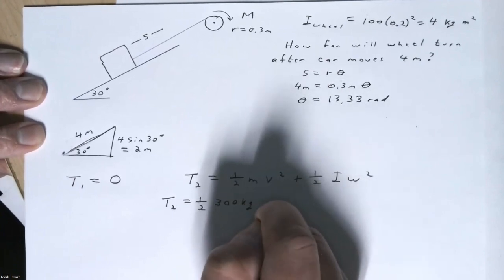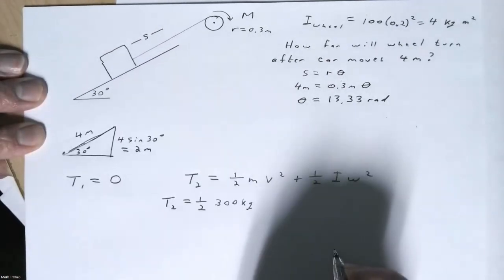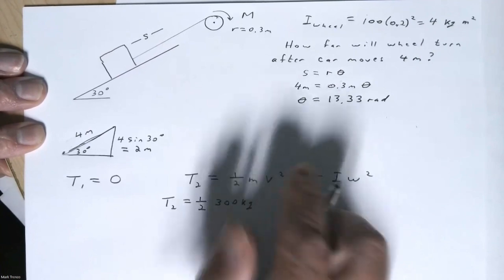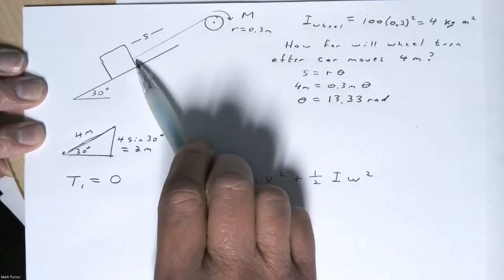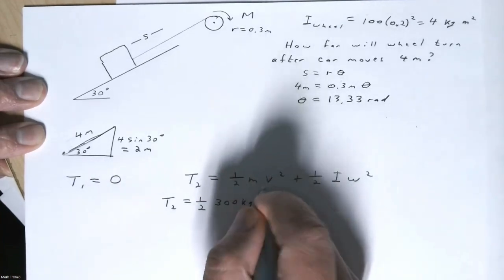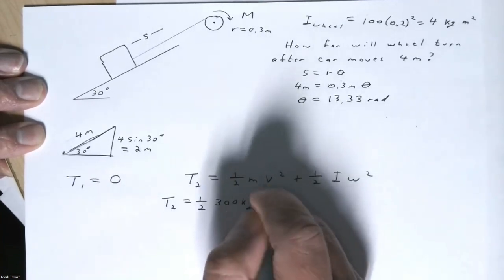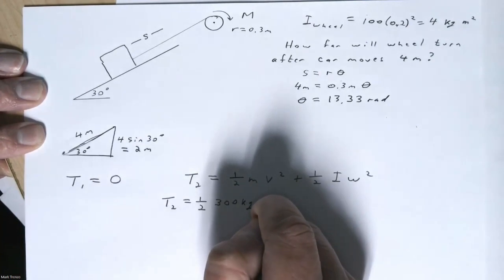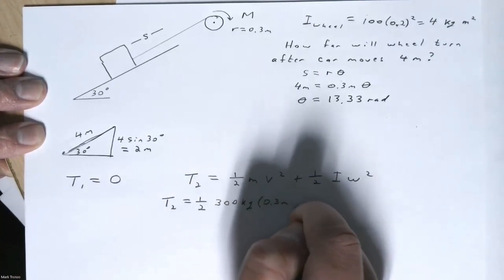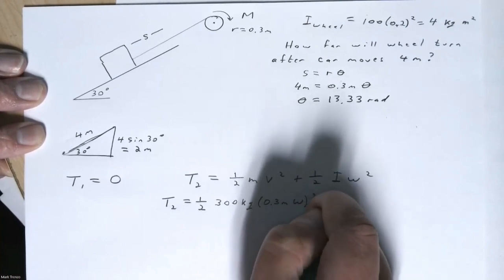But we could say that this velocity is going to be equal to the radius of the wheel times omega.